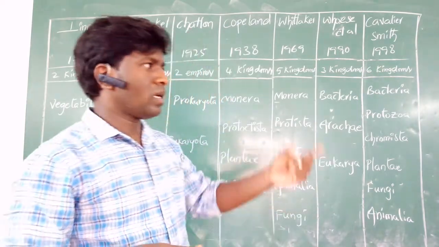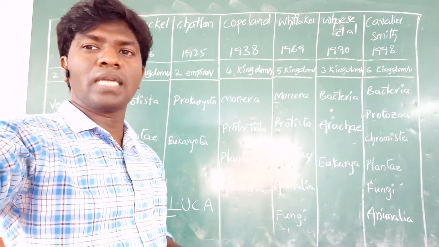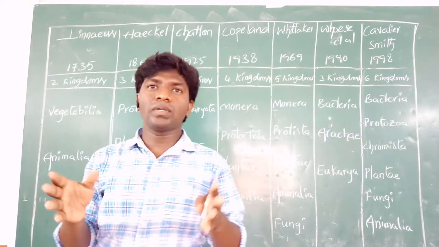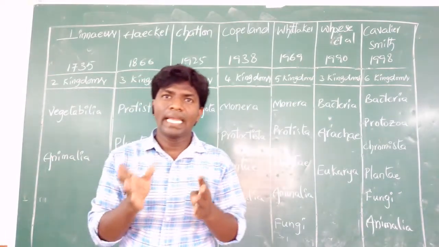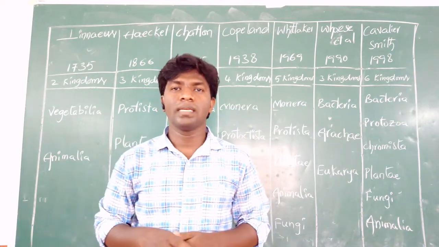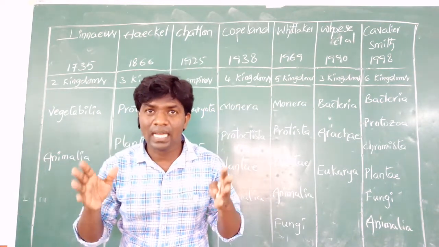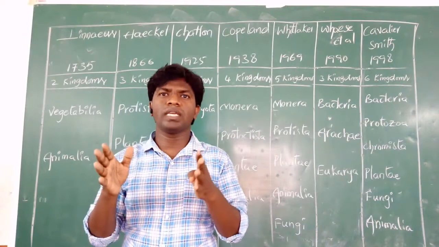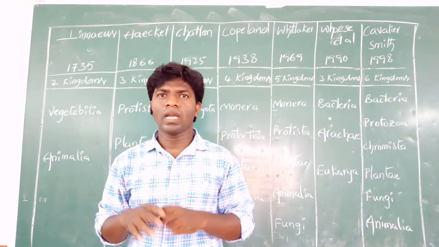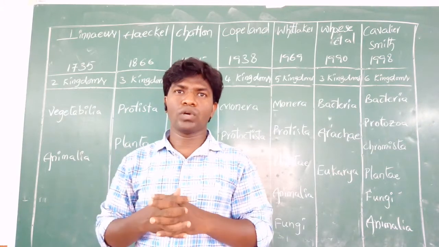Examples are pine, neem, mango, etc. Among flowering plants, those in which seeds are enclosed within fruits are called angiosperms.